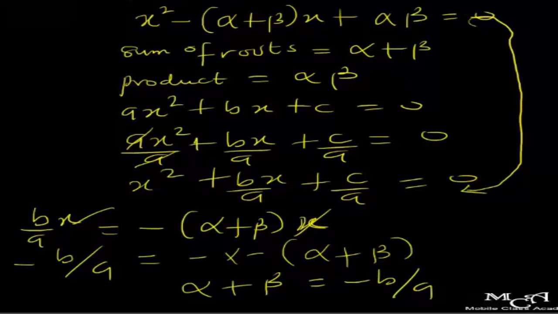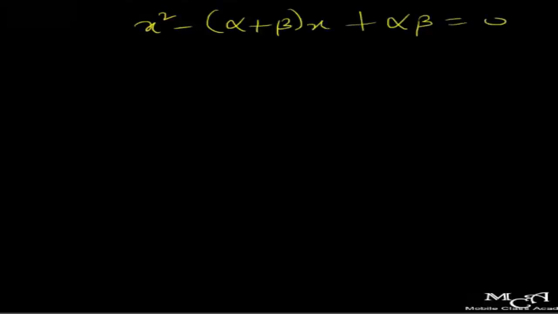Let us see how we can also get our product of roots now. Remember the equation I gave you earlier on, which is x squared minus alpha plus beta x plus alpha beta equal to 0. Then I also gave you another relationship, that x squared plus bx over a plus c over a equal to 0.